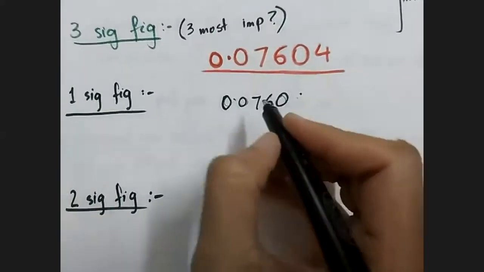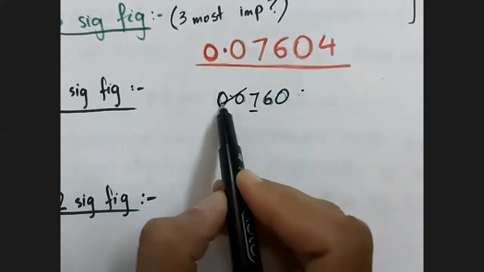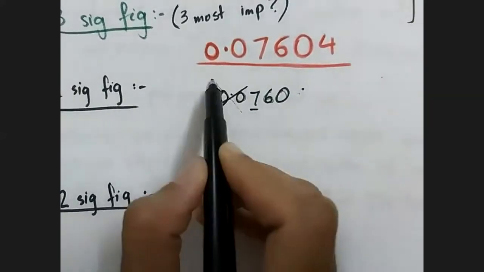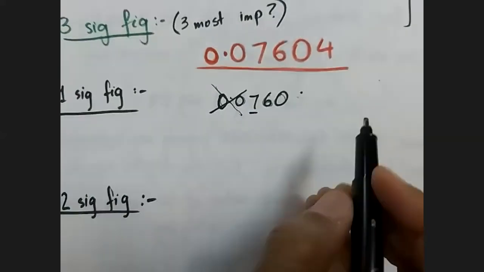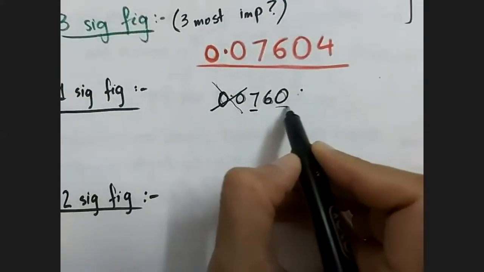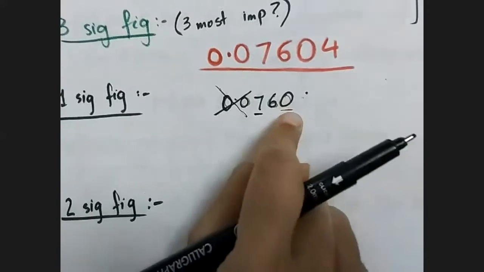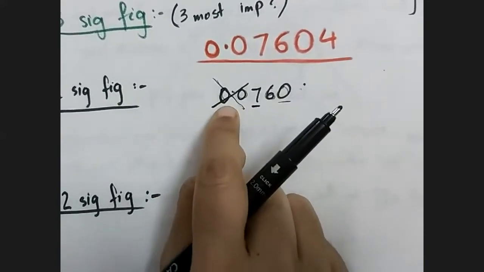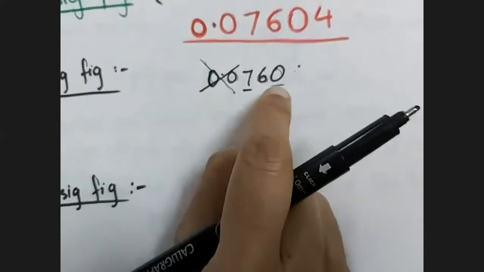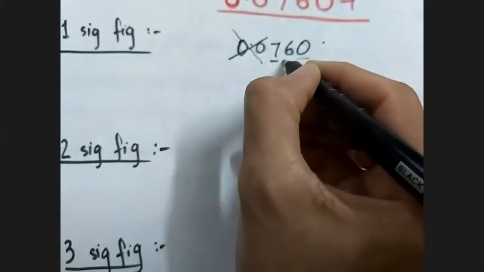Yes, 3, because these two zeros are leading zeros. I told you leading zeros are never ever significant. So they are not significant. But the end zero, the trailing zero, is significant only when there is a decimal. When there is a decimal, the trailing zero is significant. So this is 3 significant figures.